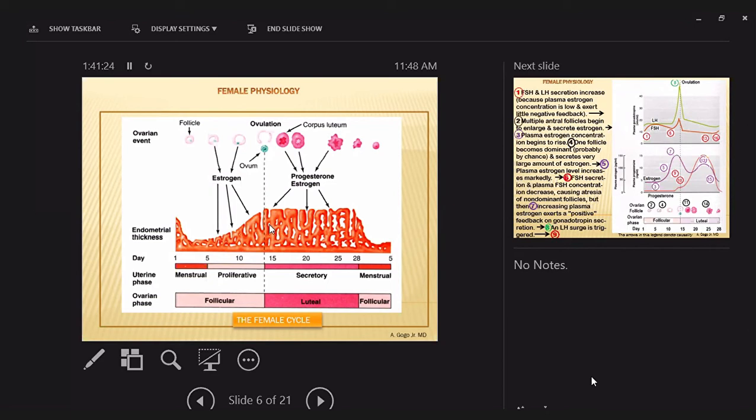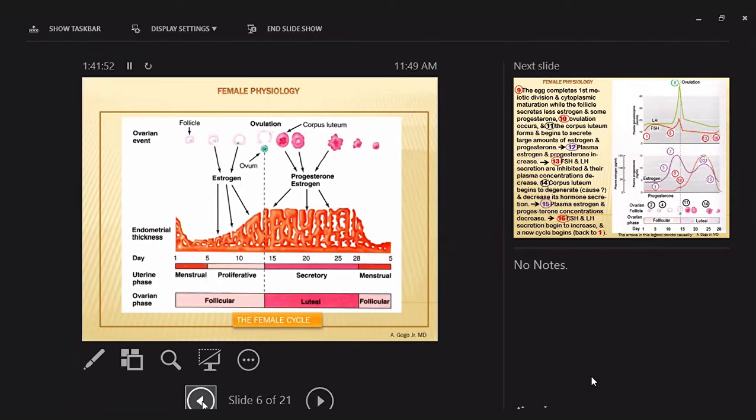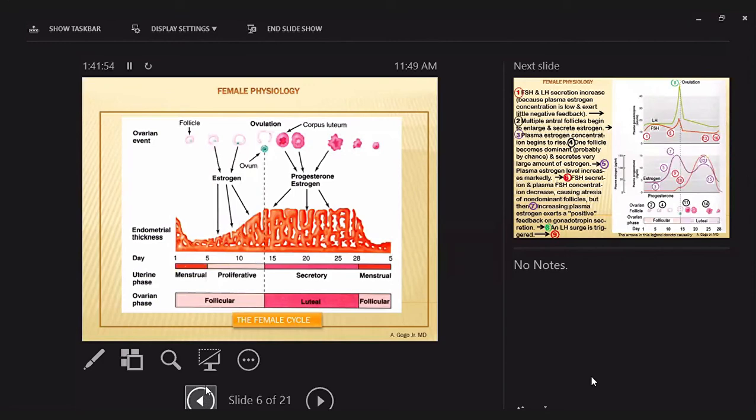Your estrogen, since there is a breakage during ovulation, okay, of the developing follicle. So the amount of estrogen will decrease, but it will recover, but not as much as your progesterone. Okay.